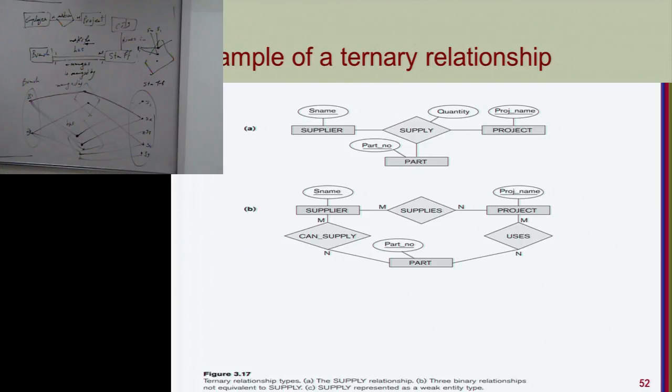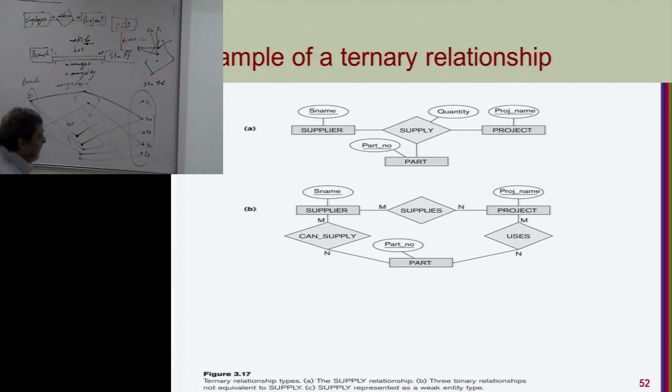But what are the parts it supplies? I can tell what it supplies by looking at the other diagram. This S1 supplies to J1, this specific project, this specific part. Yes, exactly. And not only that, you can ask what's the quantity, what is the date, and so on. So you can ask more questions.